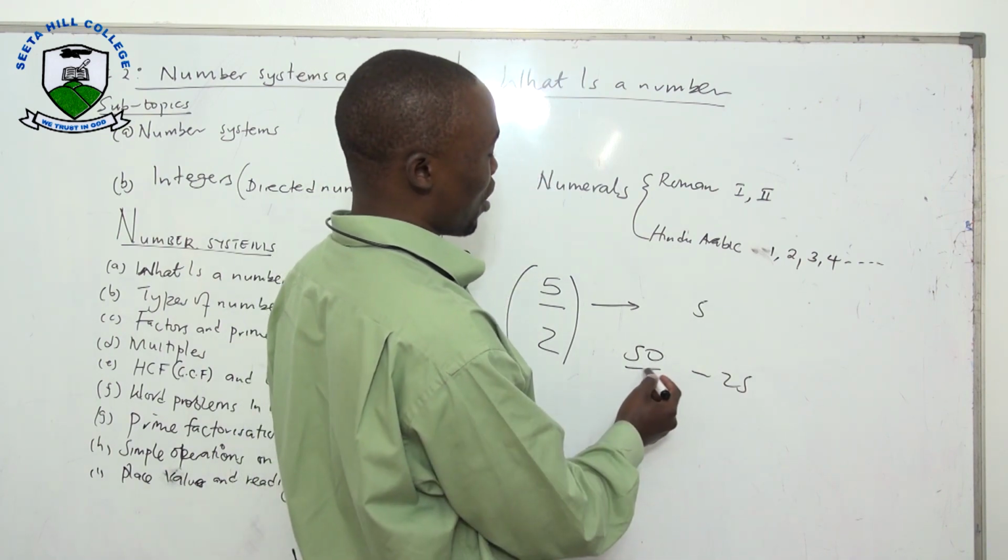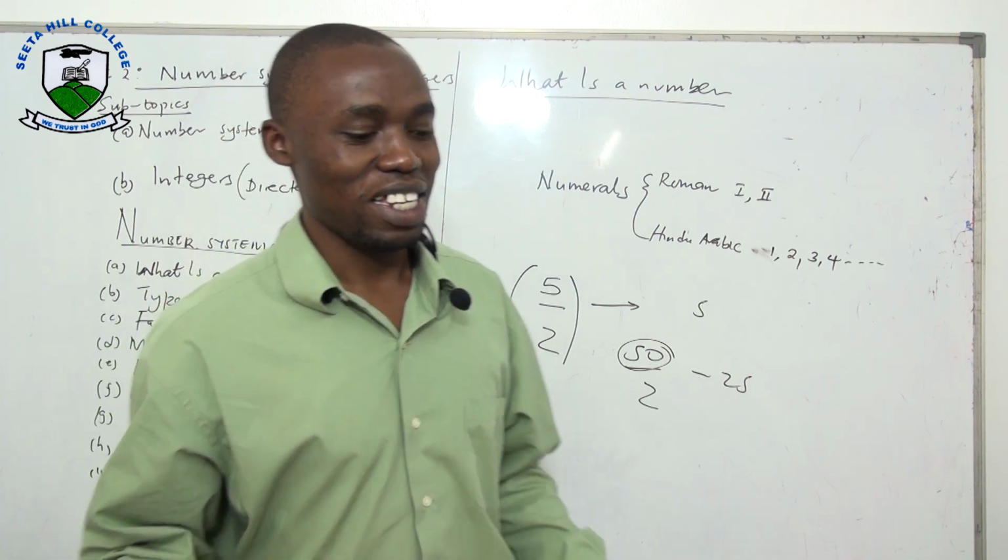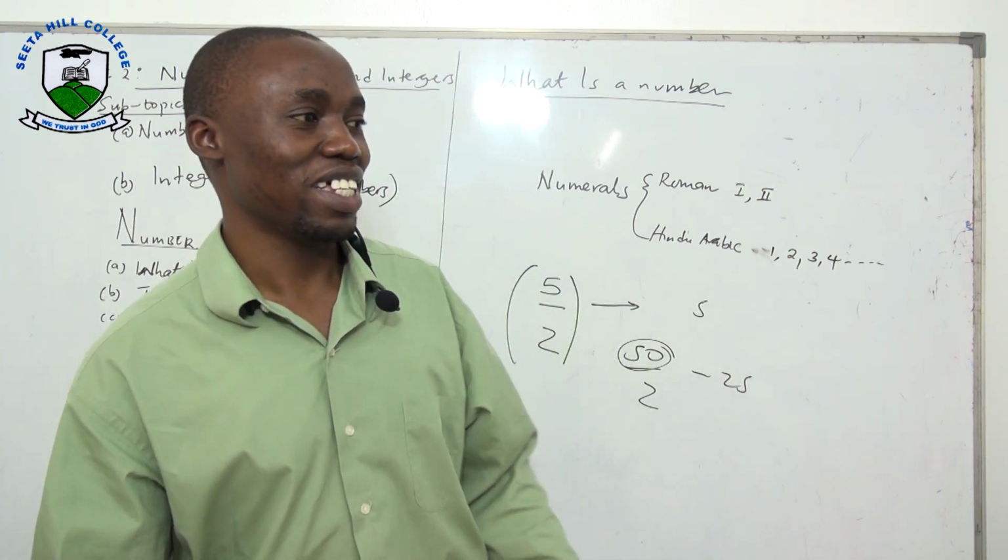That means multiplying 50 by 5 and you cancel the 0, you get the same. It's just coding.